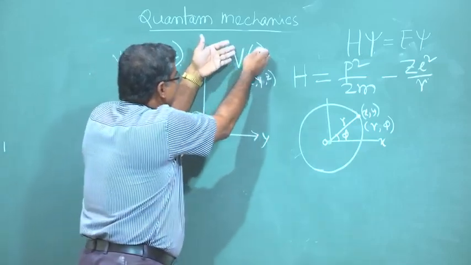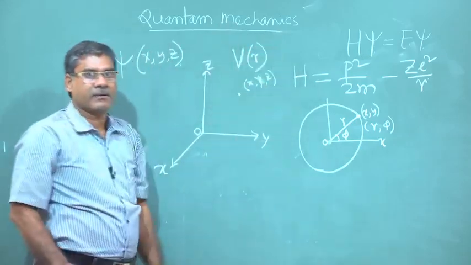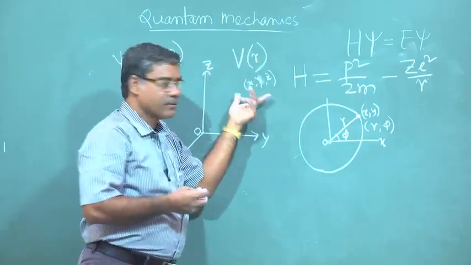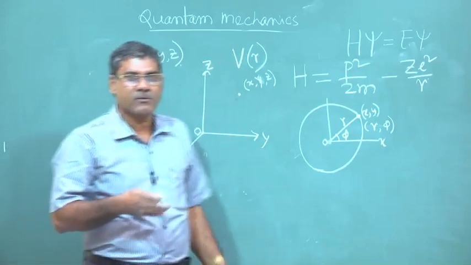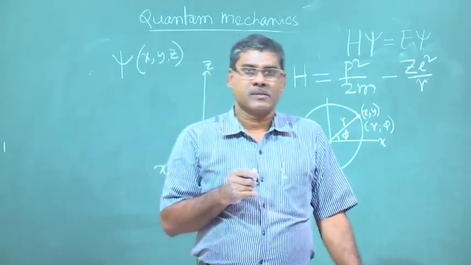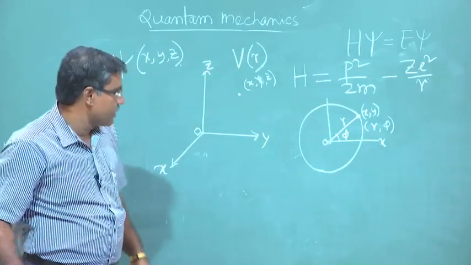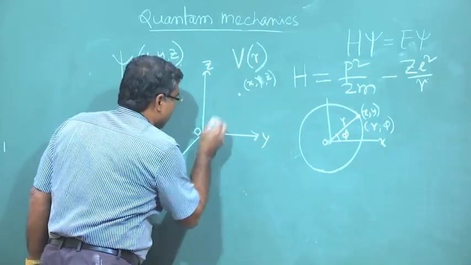In this case, since V(r) has spherical symmetry, it is convenient to use spherical polar coordinates.